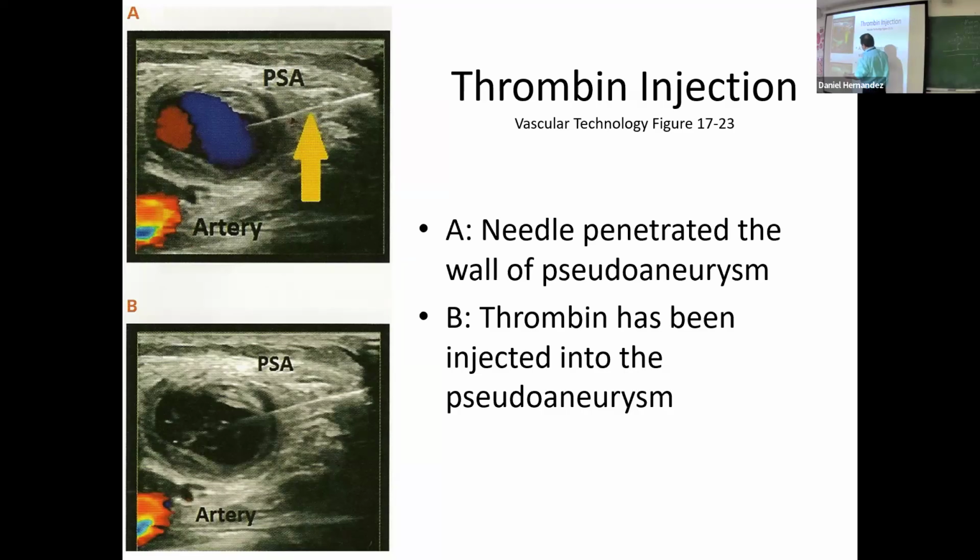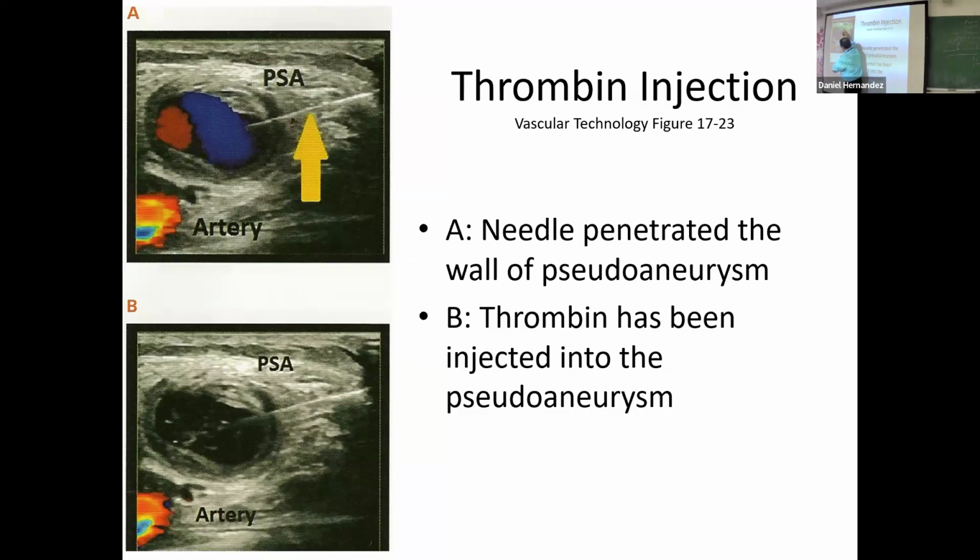And as soon as he does that, this will instantaneously thrombose. So literally, in a matter of a second, that becomes clotted. You'll put your color Doppler back on and show it to the doctor. I'm sorry, I'll take a step back. You're also going to be taking some clips. So you'll take a clip of the needle actually in there to prove that you're in the pseudoaneurysm, to document it.